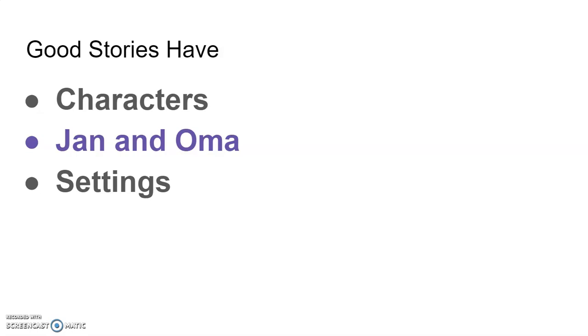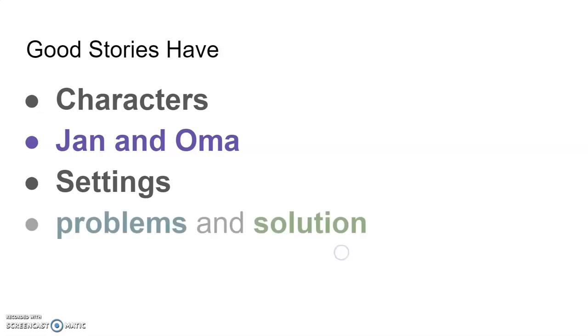I don't want to give too much away. I won't say any more about that. And then good stories have a problem, or sometimes more than one problem, and a solution. I guess we as readers just like to find out that something is turned back to right. So a lot of good stories have something to be solved.